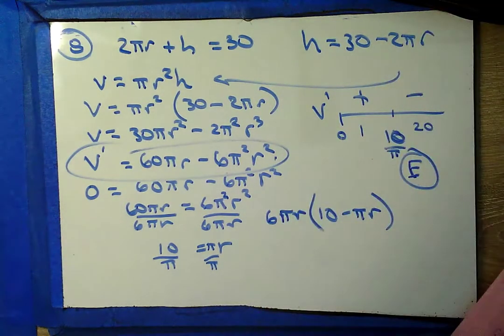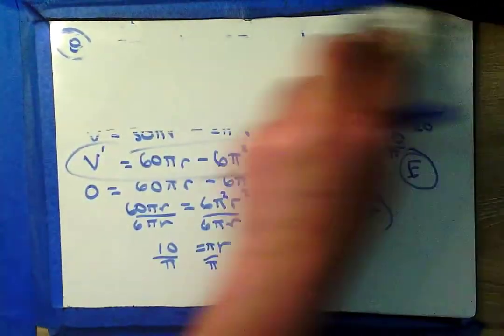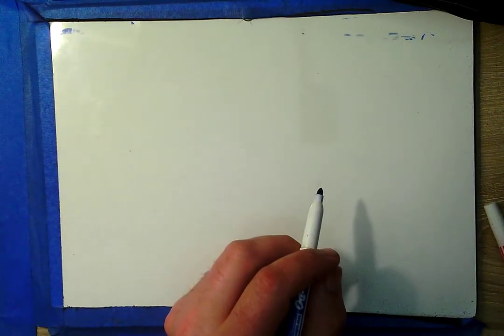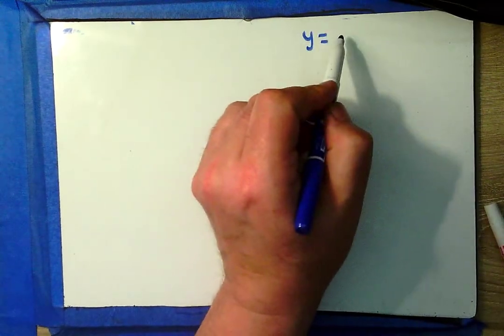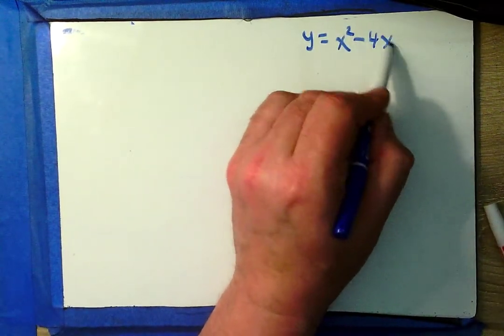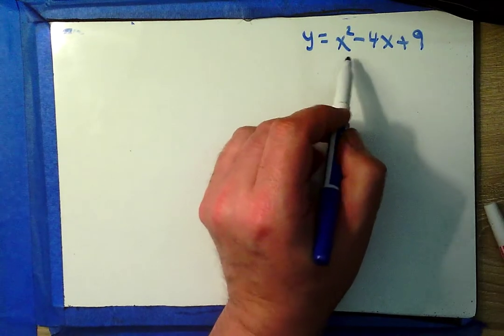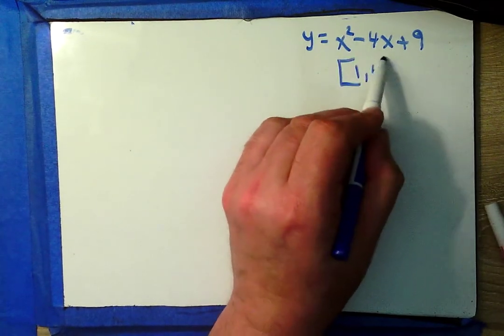Problem number 9. Ooh, so many pieces of paper. Nine says, consider all the lines in the xy plane that both pass through the origin and the point x, y, where y is equal to x squared minus 4x plus 9 on 1 to 4.